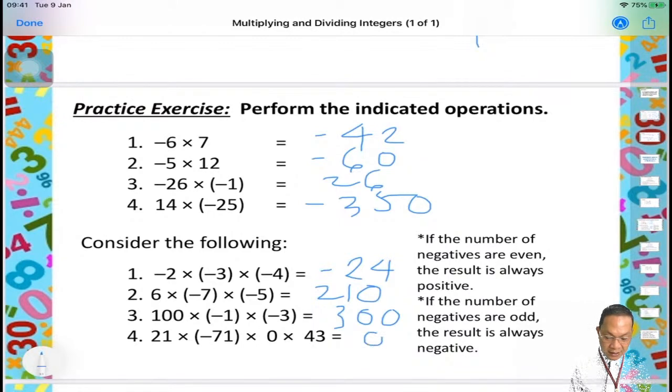Number 4 is 0. Obviously, once we multiply any number by 0, the answer is always 0. Right? Some are still answering 300, 0. Very good. You're very smart.